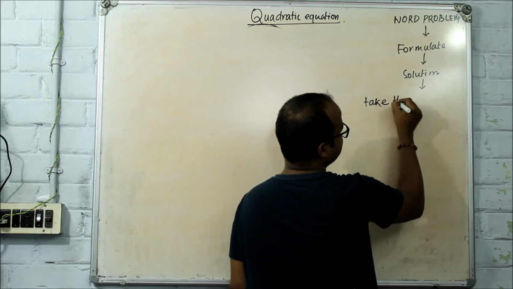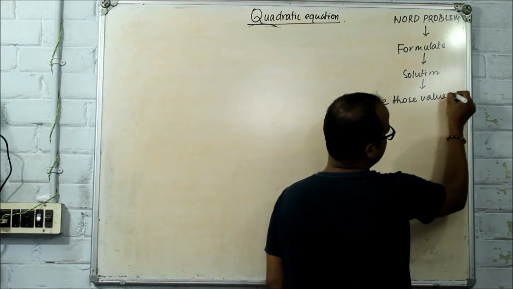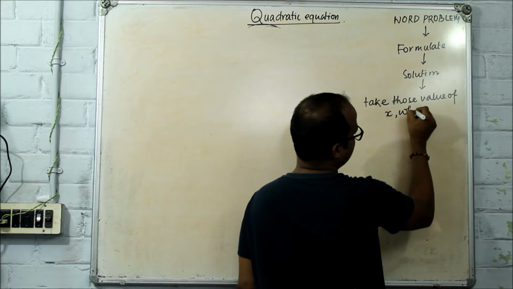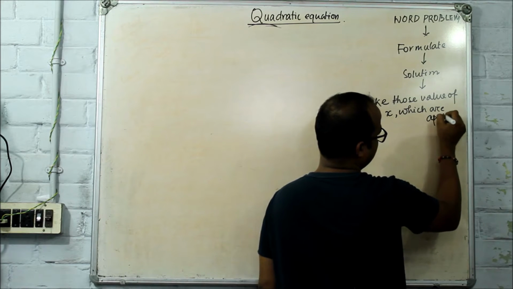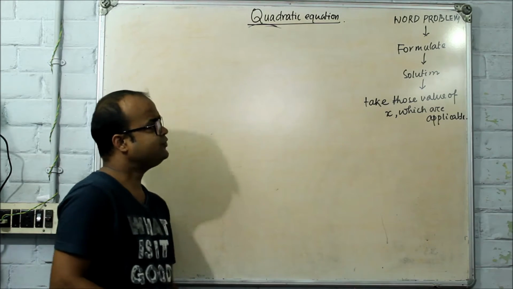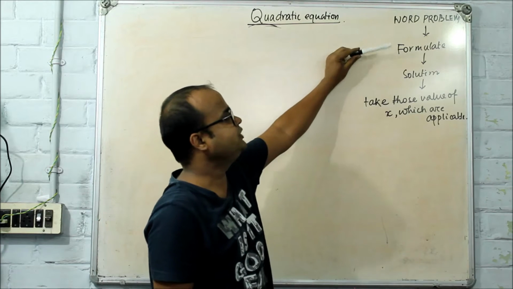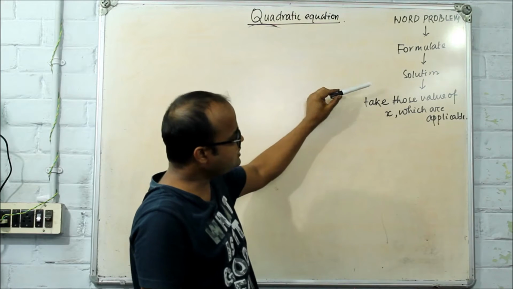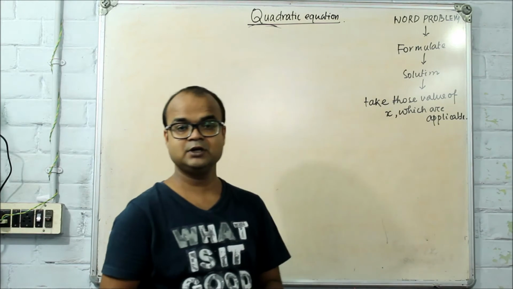Take those values of the variable. The first three parts you might understand: what problem is given to you, you need to formulate, then proceed with the solution. What is the meaning of this term? Take those values of x which are applicable.